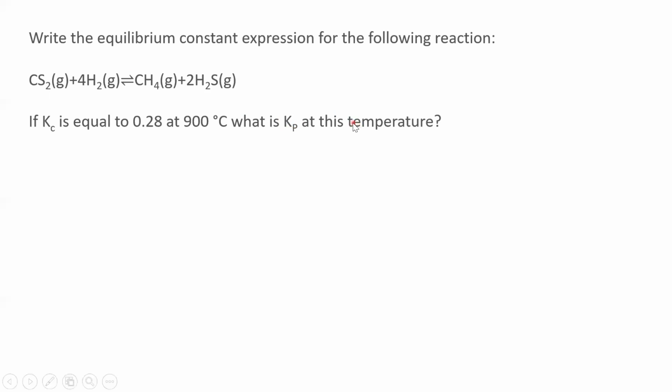So in order for us to relate equilibrium constants in terms of concentration and partial pressures, we would use this equation here. The equilibrium constant in terms of partial pressures equals the equilibrium constant in terms of concentrations times RT raised to the delta N value.